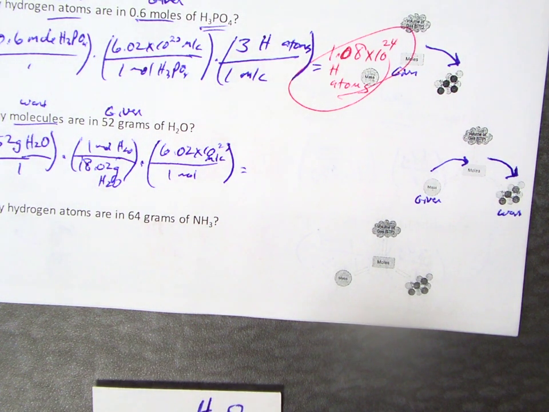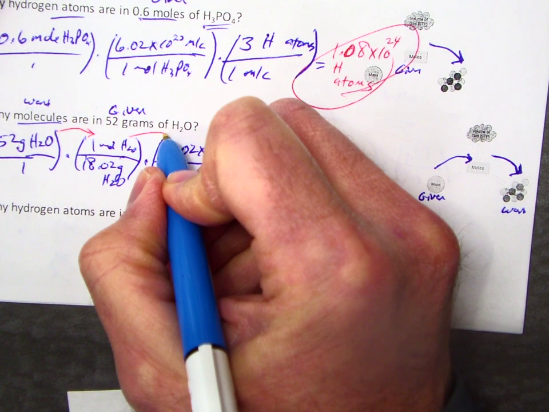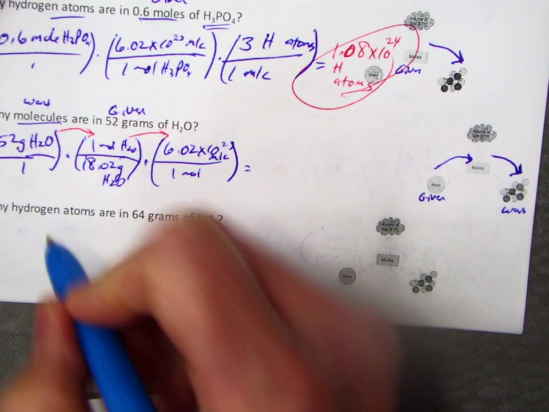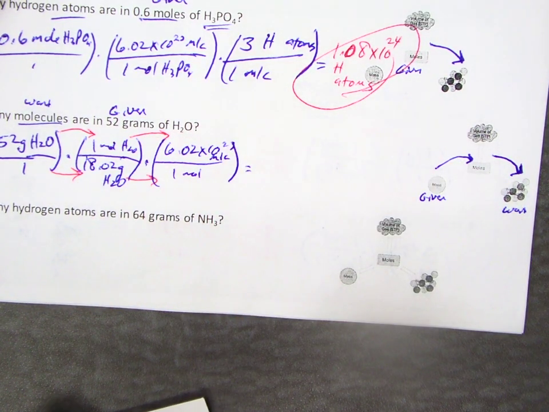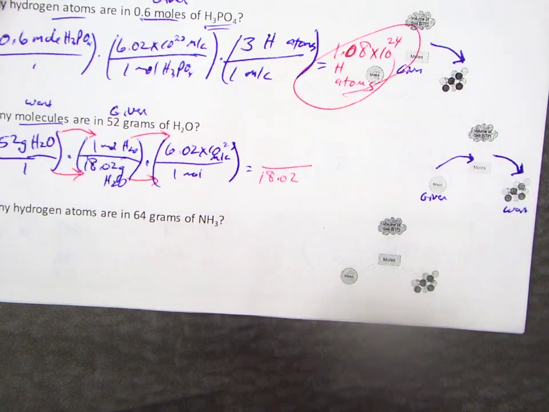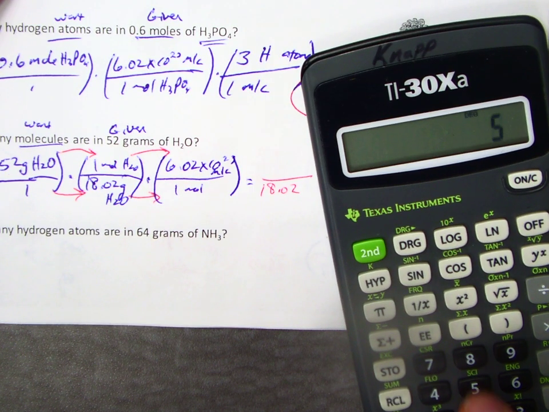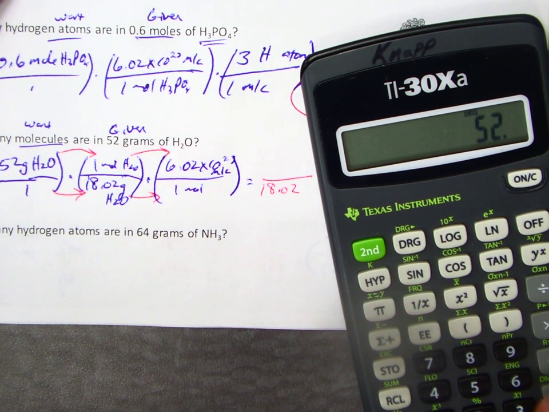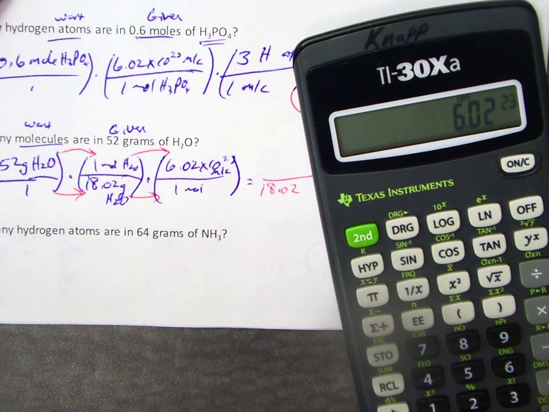So here we multiply across the top, multiply across the bottom, and then divide. Across the bottom, it's going to be 18.02. Going across the top, we'll have 52 times 1 times 6.02 times 10 to the 23.